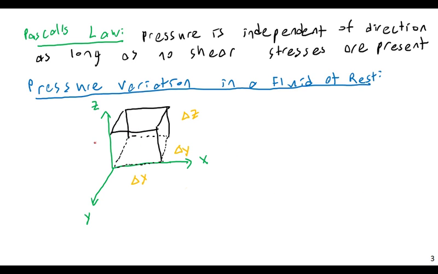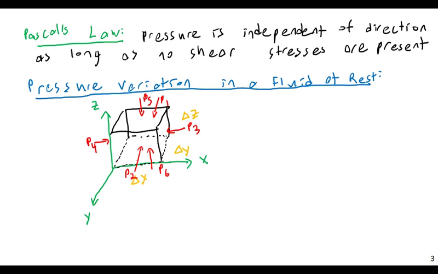I'm going to have P4 and P3 acting horizontally, P1 and P2 acting along the y-axis here, and then vertically I'm going to have going upwards P6 and downwards P5.